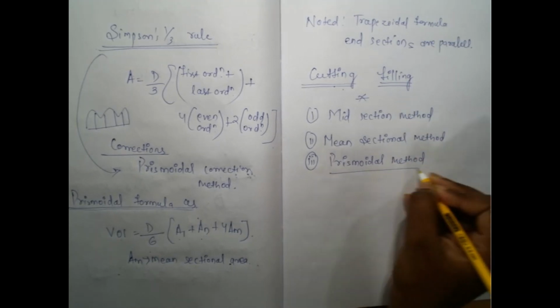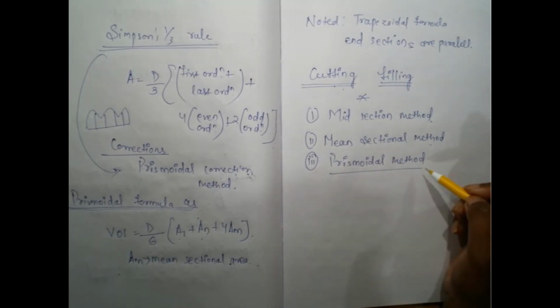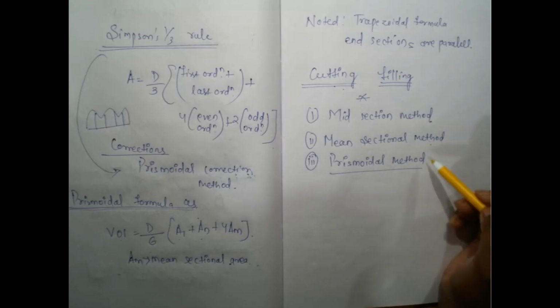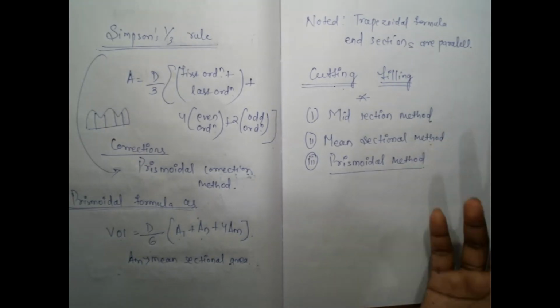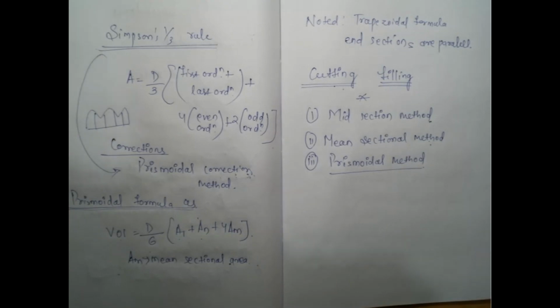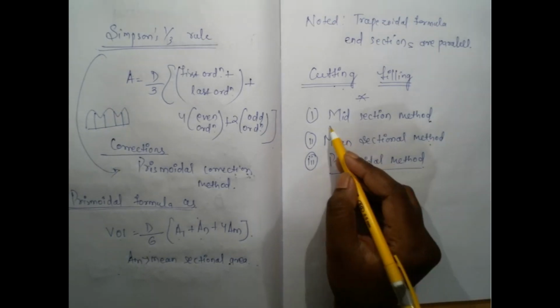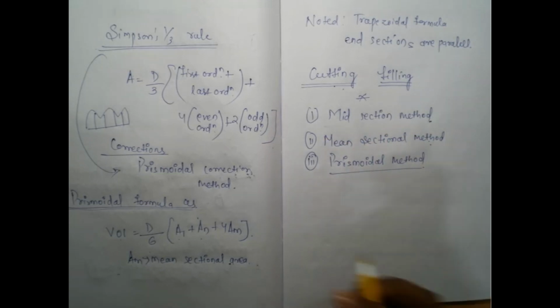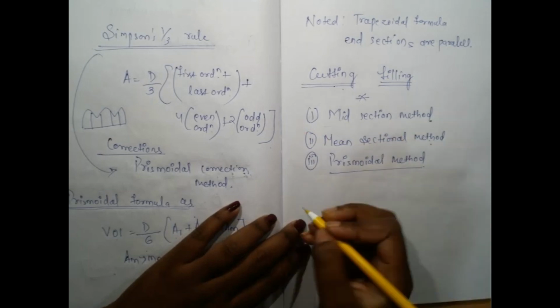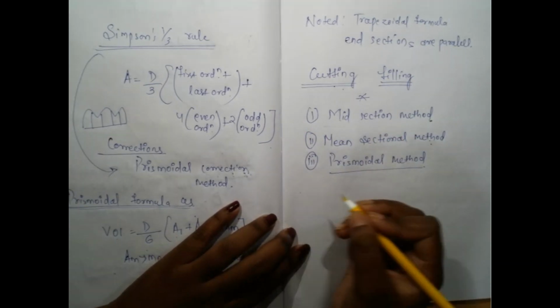We had discussed the formula that we get from each method. Now we will put it in a tabular form. So what is the tabular form that we are going to use? First is the mid-sectional area method. When we are calculating the mid-sectional area method, as we all know, estimations are done in tabular form.